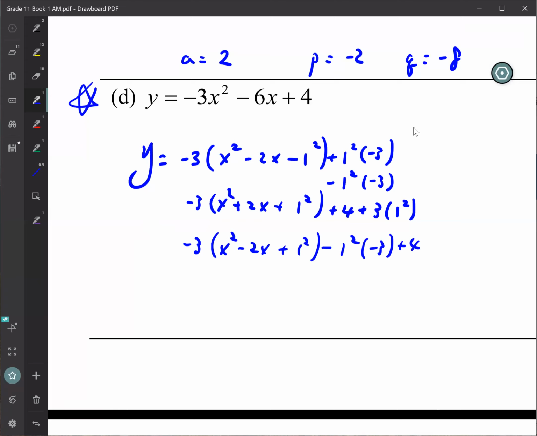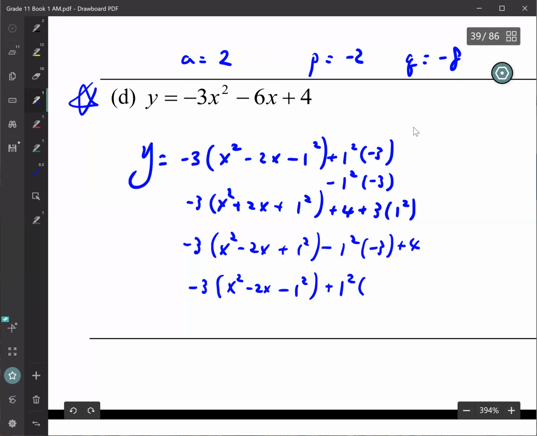Sarah, how about you? Y equals -3 bracket x squared minus 2x minus 1 squared bracket plus 1 squared times -3 plus 4. Plus 1 squared? Did you say plus 1 squared? Yeah. Okay, and then plus 4, right?